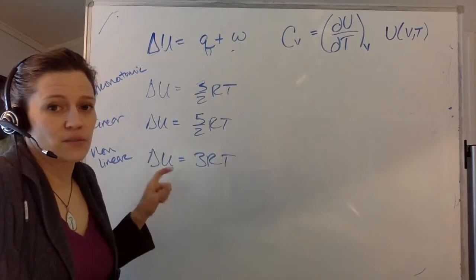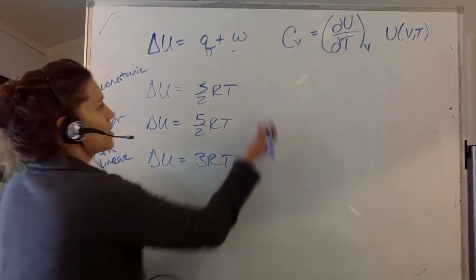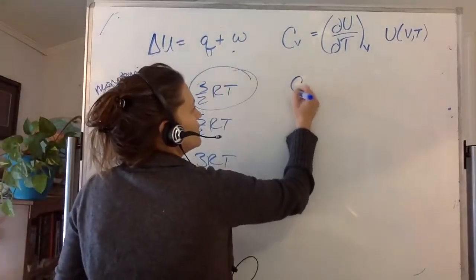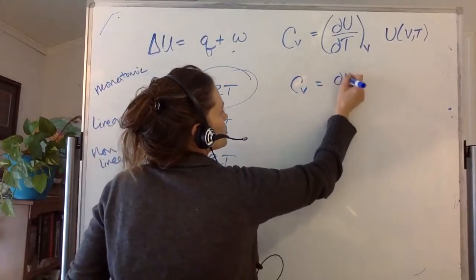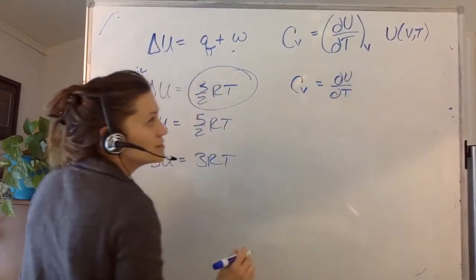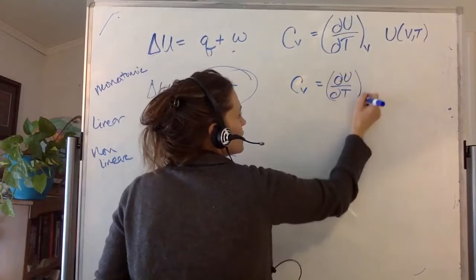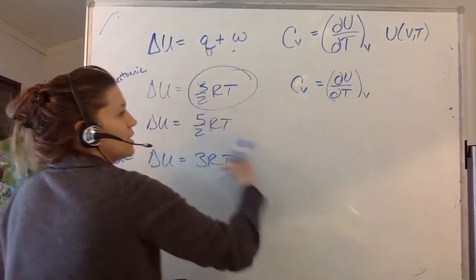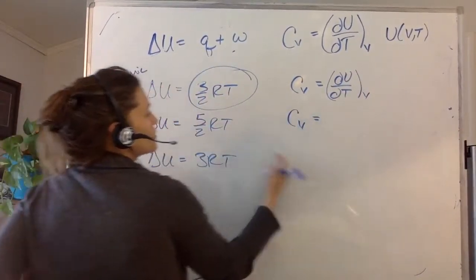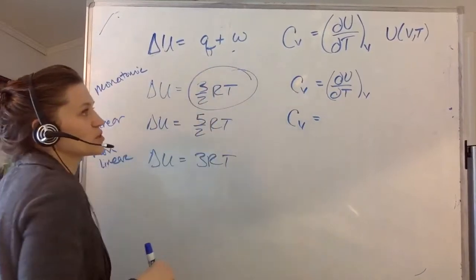I'm wondering if you're seeing what's about to happen. For a monatomic ideal gas, CV equals partial U partial T under constant volume. So CV is equal to what? What's the partial derivative of this with respect to T?